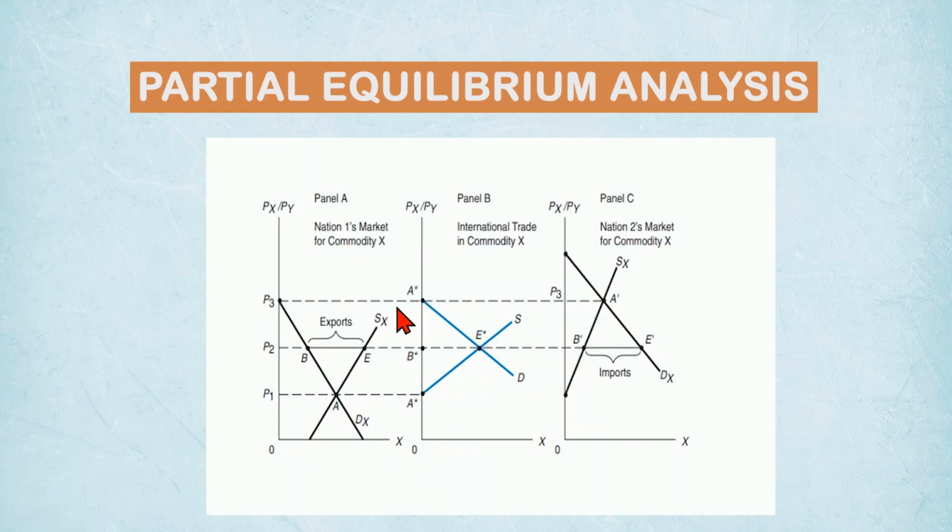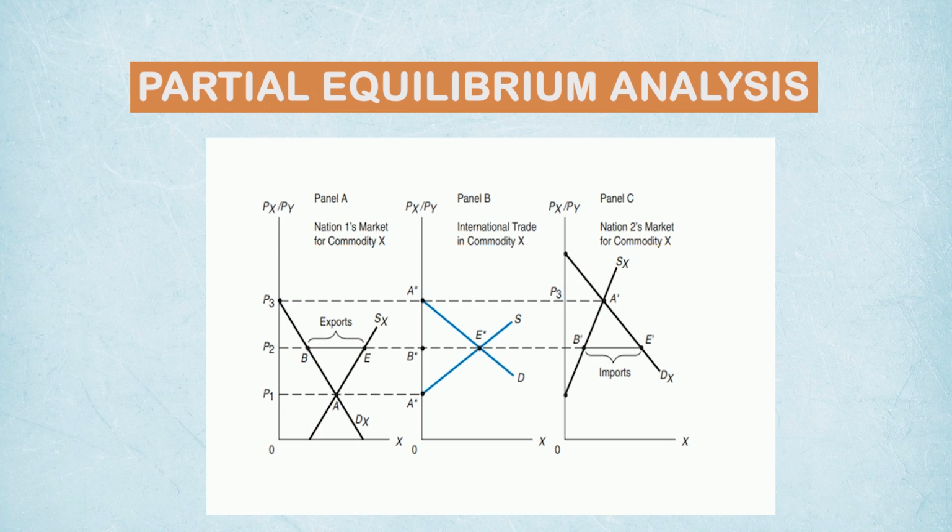If you extend the supply curve, you will get the supply here. But there is an interesting thing: people are not demanding anything at price P3, but producers are supplying. Then what is happening? The entire commodity is excess supply. So if this is excess supply, now country 1 is in a position to export.